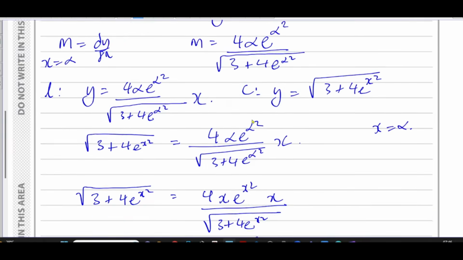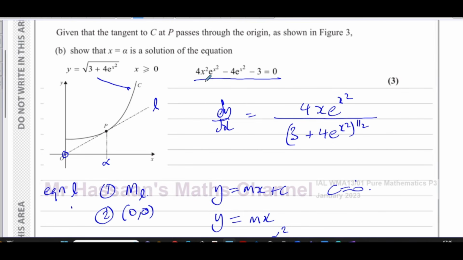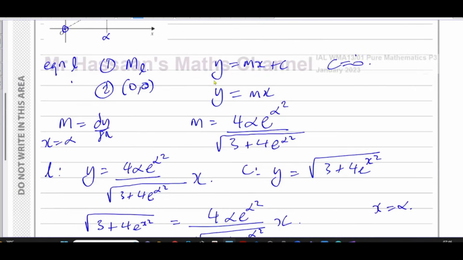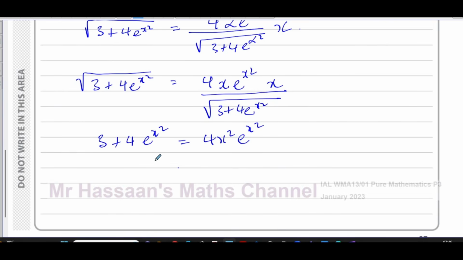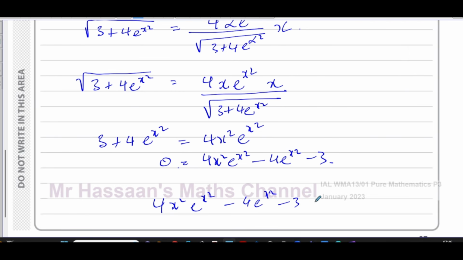Now we want to show that this is the equation, so this has to be equal to zero. So I'll say 4x squared e to the power of x squared minus 4e to the power of x squared minus 3. So we've shown that 4x squared e to the power of x squared minus 4e to the power of x squared minus 3 is equal to 0.